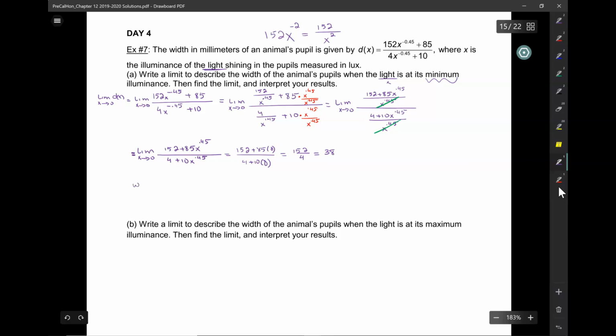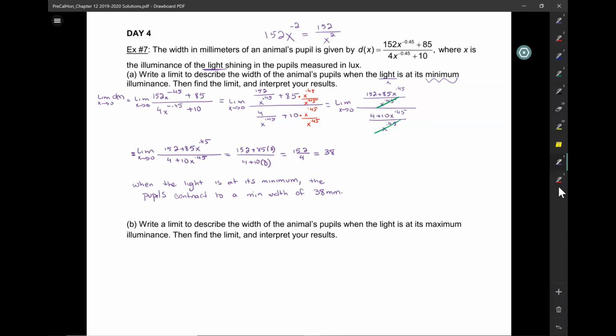So when the light is at its minimum, the pupils contract to a minimum width of 38 millimeters.